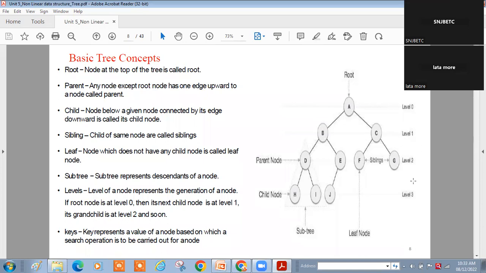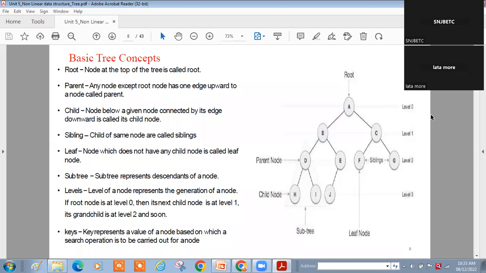Now next is key. Key represents a value of a node based on which a search operation is to be carried out for the node. So if for a node we have to find something, we use key in programming. Key means, if you perform a program to do a search operation, mainly we use key.